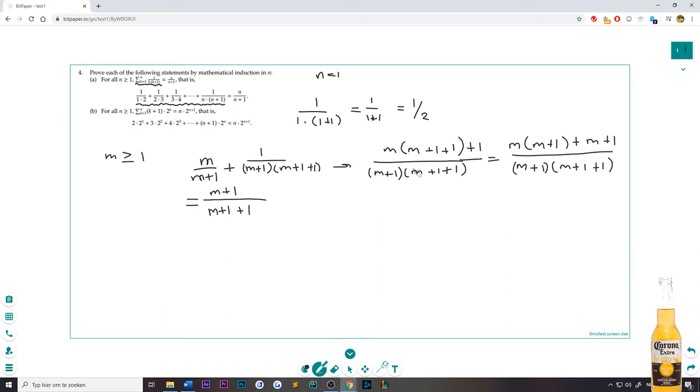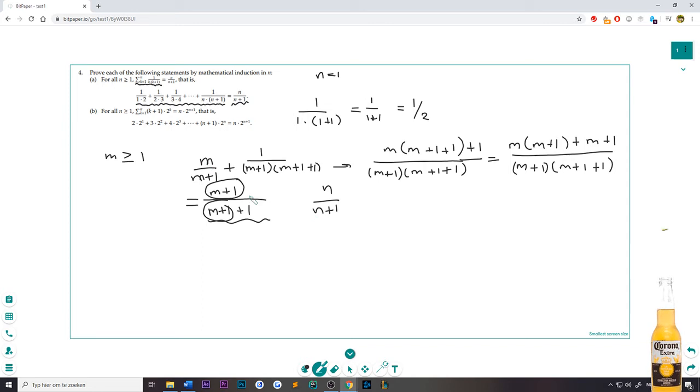And well, if you compare this part to this part here, they're exactly the same, right? Except here, instead of n, we have m plus 1, and here, instead of m plus 1, we have m plus 1 plus 1, right?